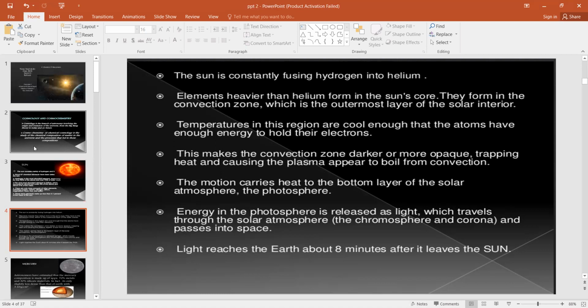The motion carries heat to the bottom layer of the solar atmosphere, the photosphere. Energy in the photosphere is released as light, which travels through the solar atmosphere and passes into space. This light then reaches the Earth after 8 minutes as it leaves the Sun, because light also takes some time to travel in space.